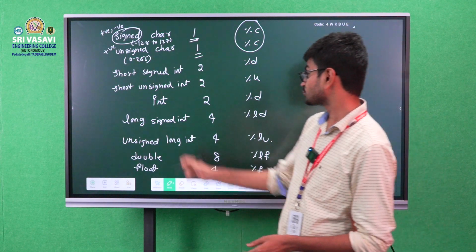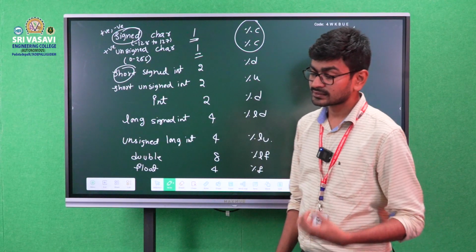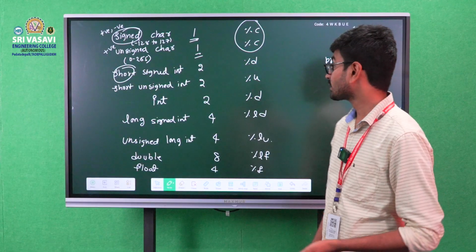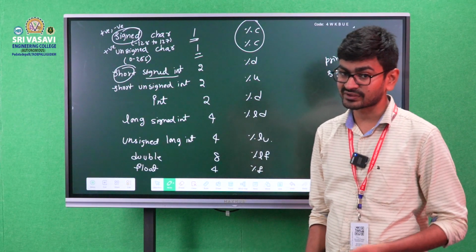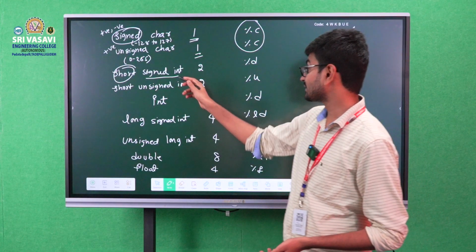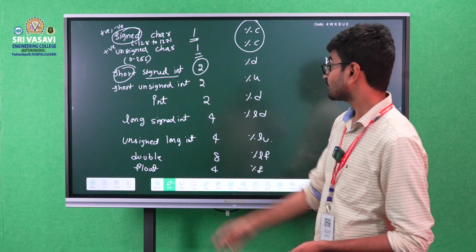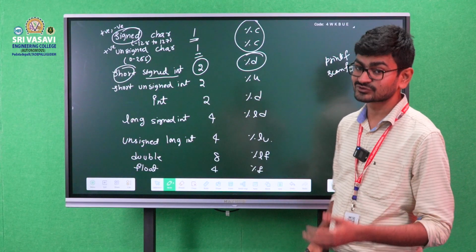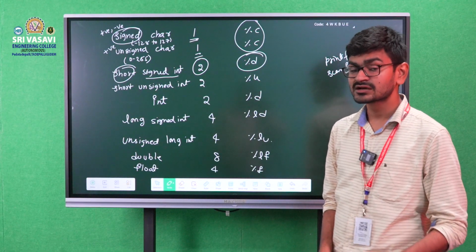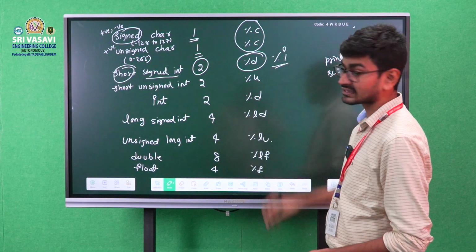When it comes to short, we can decrease the data type size by using a keyword called short. Short signed int means we can store both positive and negative, as I said earlier, and the size is 2 bytes. For integer, the format specifier is %d, but we can use %i also.